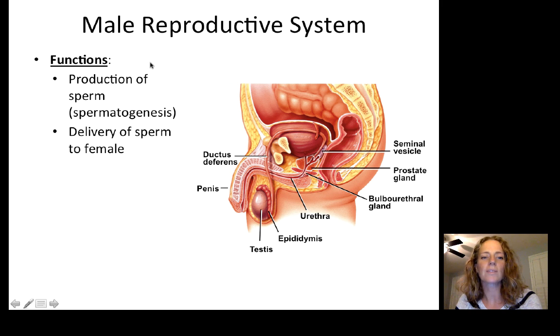We are going to focus on the biology side, which is the production of the gametes genetically and how those gametes are kept alive, how those gametes are induced to mature by the hormones of the male and female reproductive system. So we're going to focus mainly on the gonads and the production of the gametes.